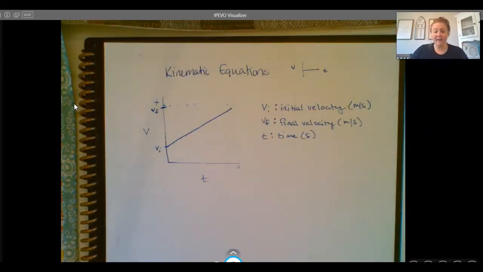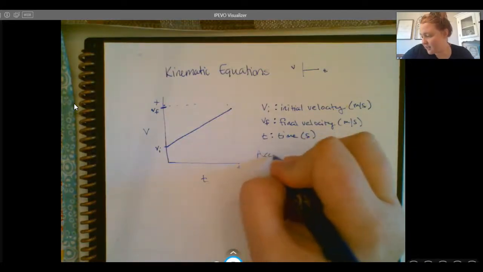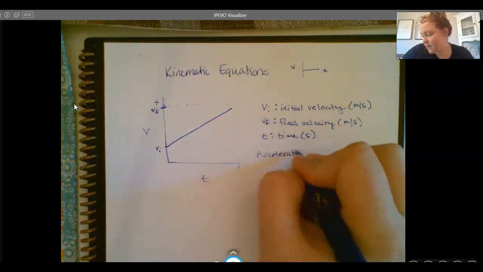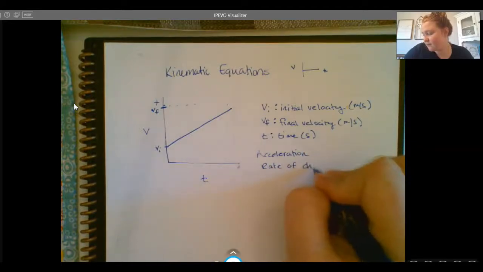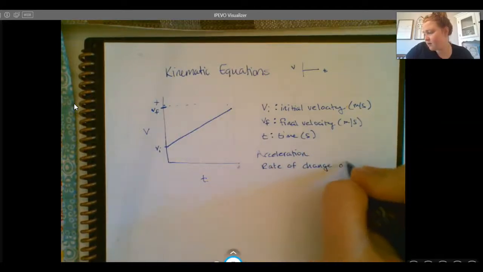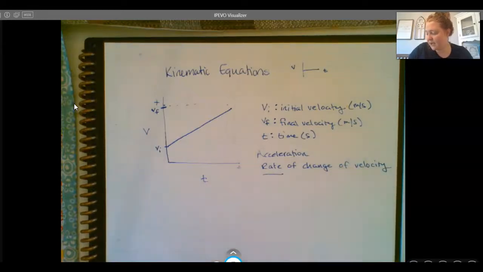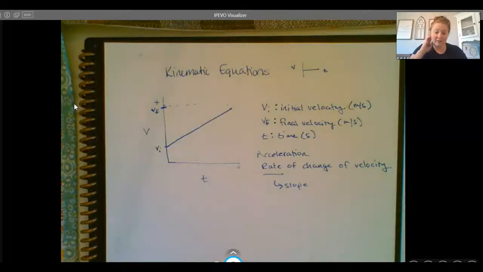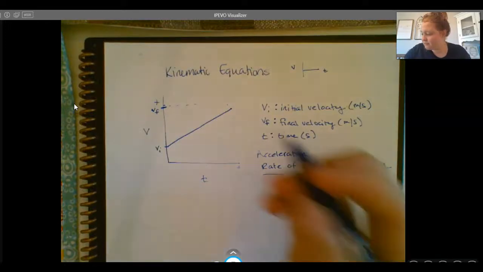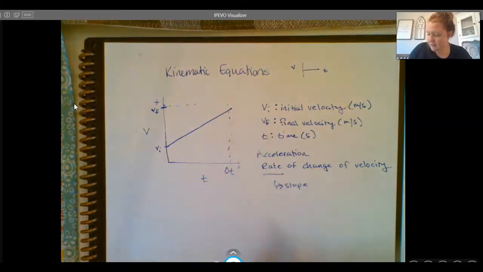Okay? Now, based off of the definition of acceleration, acceleration is the rate of change of velocity. So anytime in math when you're looking at a rate, you're looking at the slope. So if we look at the slope of this line, I'm going to say this occurs over a time that we're going to call delta t.